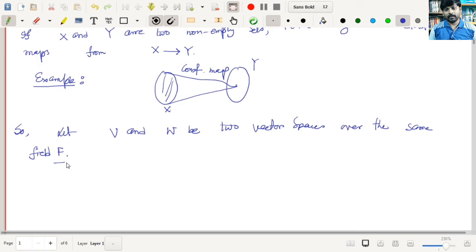Linear maps are maps which preserve the algebraic structures on the vector space V.